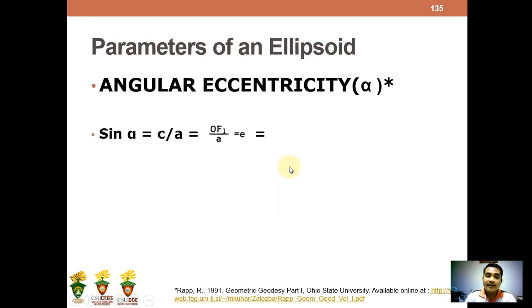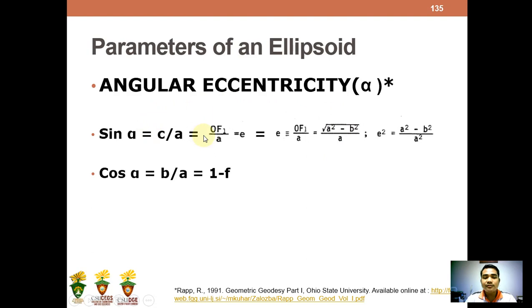So sine alpha is c over a, and that is also equal to the first eccentricity. Eccentricity is equal to c over a, which is the square root of a squared minus b squared over a. They are the same as the angular eccentricity with respect to sine.